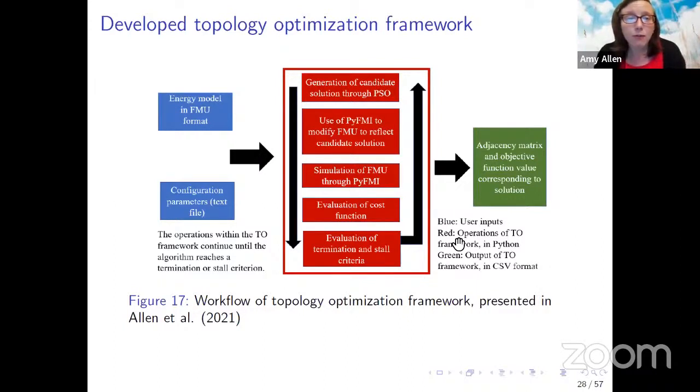It then repeats this process through iterations, which can be terminated either based on a maximum number of iterations or several other criteria, which I can elaborate on if there's interest. After the algorithm terminates, it returns the adjacency matrix and objective function value corresponding to the optimal solution.